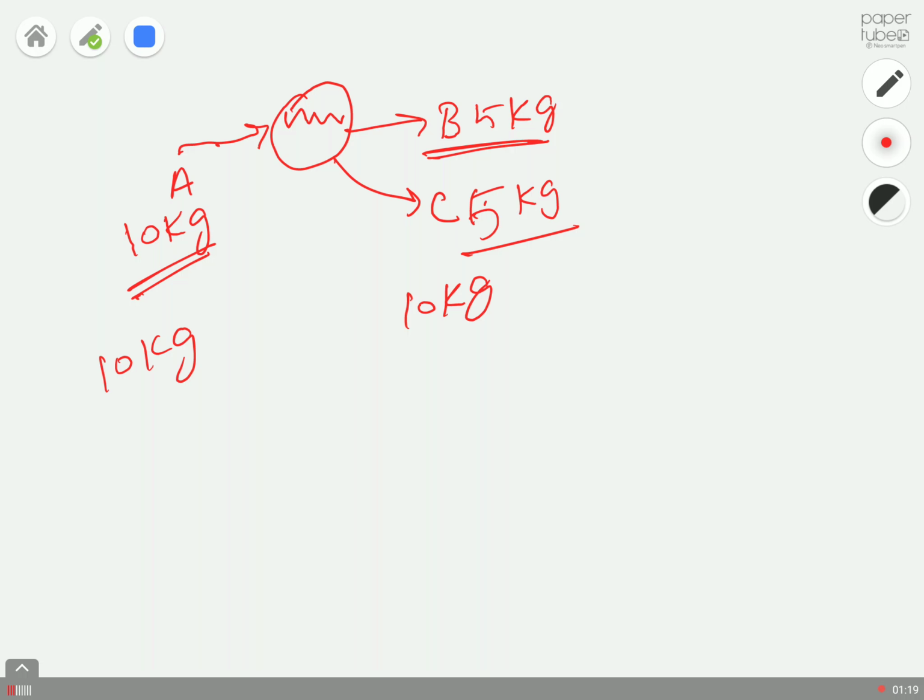So this is a must rule. Nobody can destroy mass. If you put in 1 kg, you get 1 kg. So you must remember this law of conservation of mass.